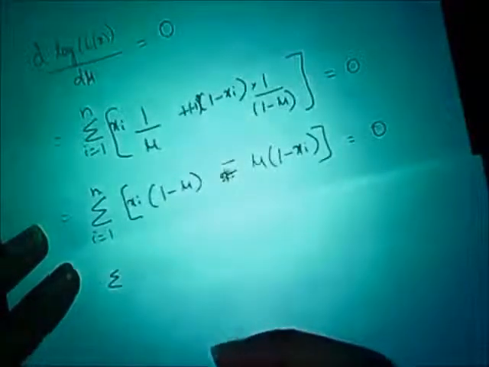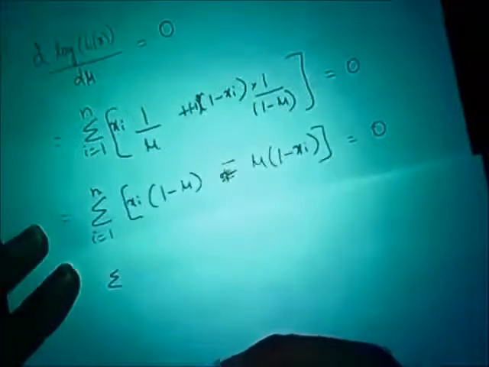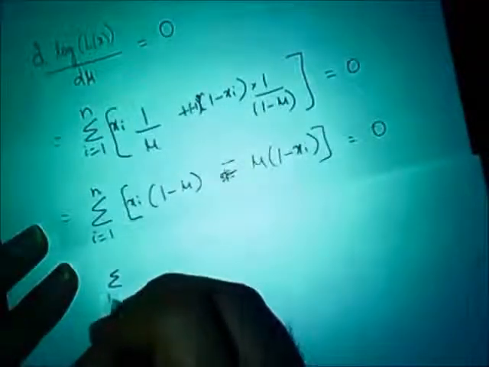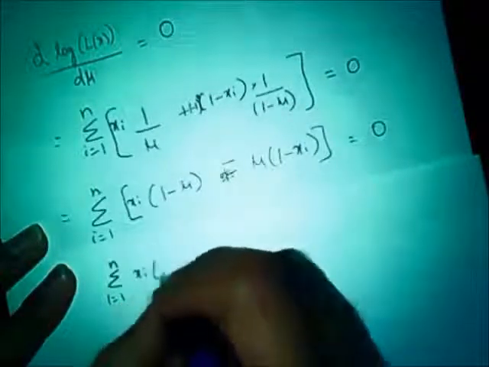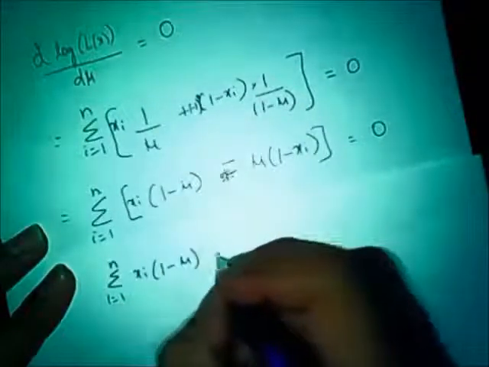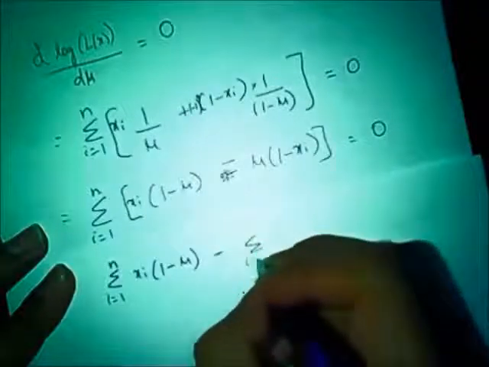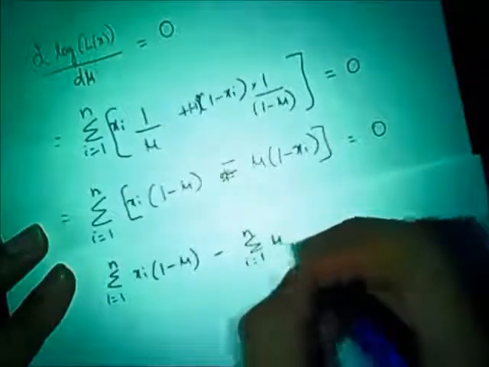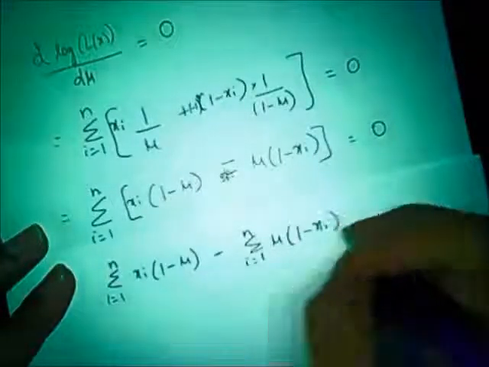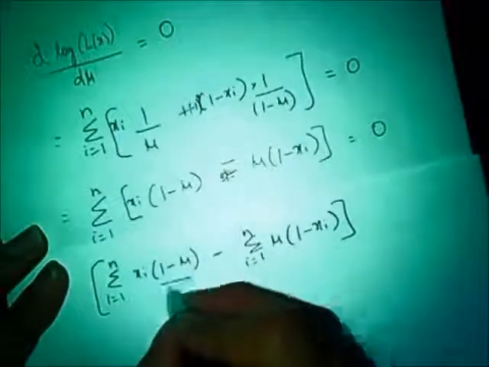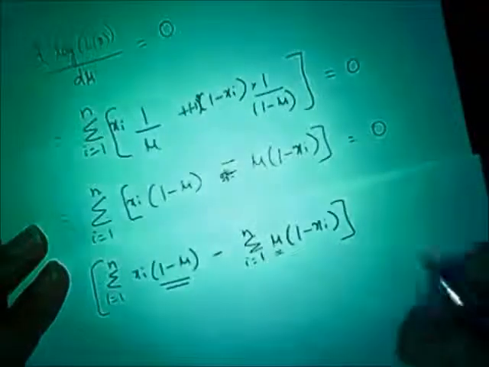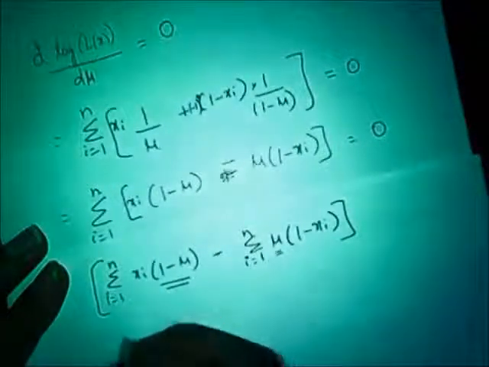after we equate the differential of the log of likelihood to 0, we are going to get summation of xi times 1 minus mu minus... I have just distributed the summation to the two terms, and you know that this 1 minus mu and mu don't interfere with the summation, so we can take them outside.